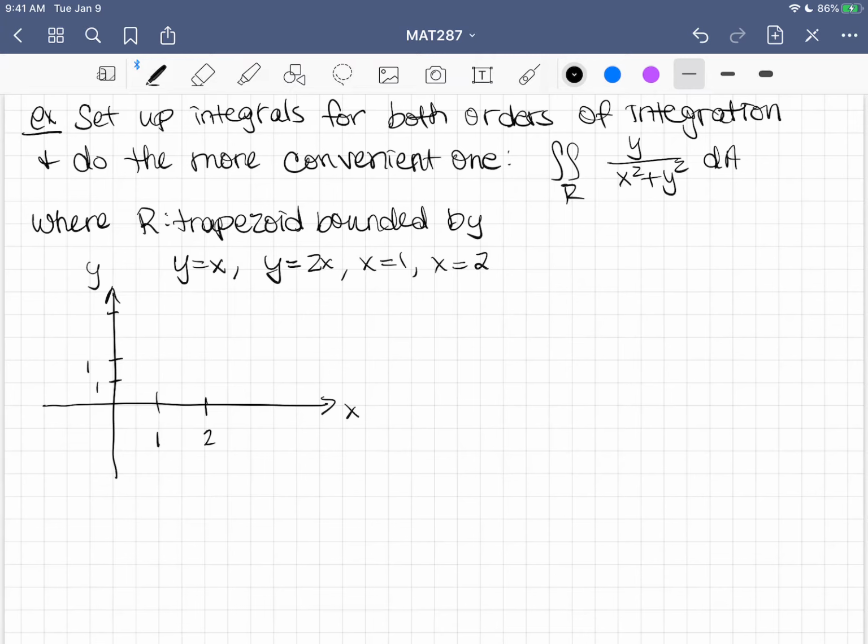I'm going to go 1, 2, 3, 4 on the y-axis. Okay, so y equals x: I'm going to plot (1, 1) and (2, 2).